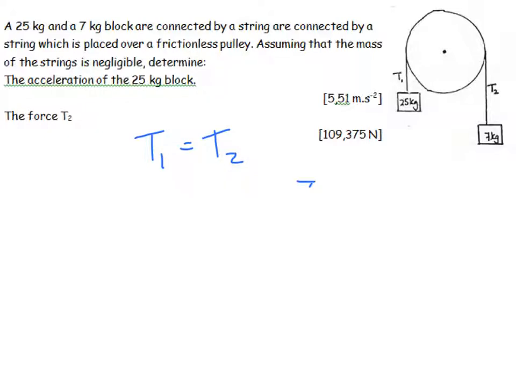And then we are going to try and work out the force resultant on each block. Let's call them the 25 kilogram block and the 7 kilogram block. Let's think about what's happening on each one.